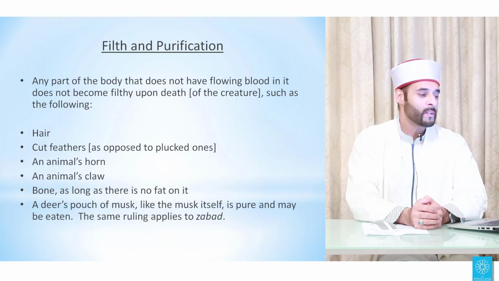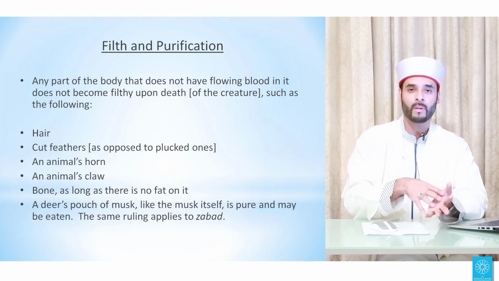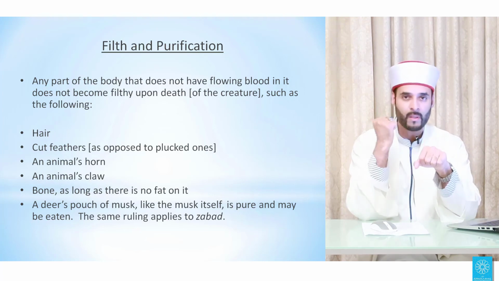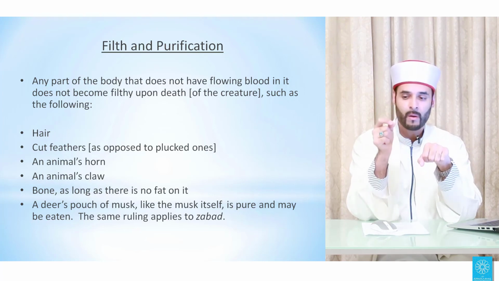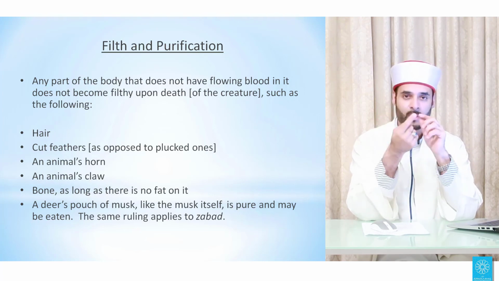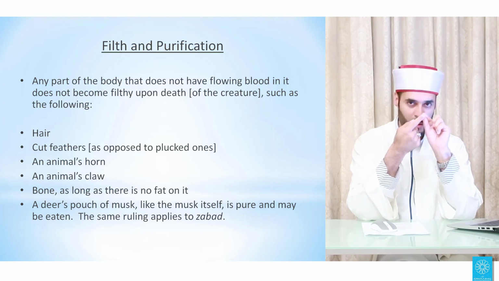Any part of the body that does not have flowing blood in it does not become filthy upon death of the creature, such as the following. So, for example, the hair of an animal or the feathers of an animal would not be considered filthy, because there's no blood on it. But plucked feathers, if you freshly pluck a feather out, when it comes out, you'll see there's a point where you're going to get some fat, and you're going to get blood.